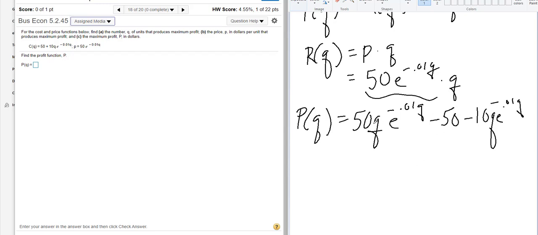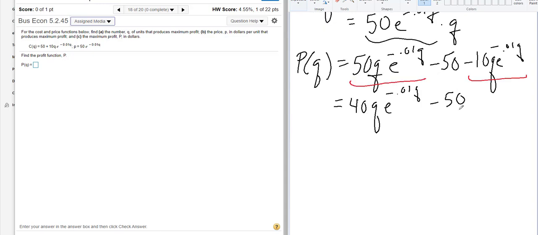Now, because I moved this Q here, hopefully you'll recognize that this term and this term are actually like terms because they both have a Q and an e to the negative 0.01Q. So 50 of those take away 10 would be 40Q e to the negative 0.01Q minus 50.